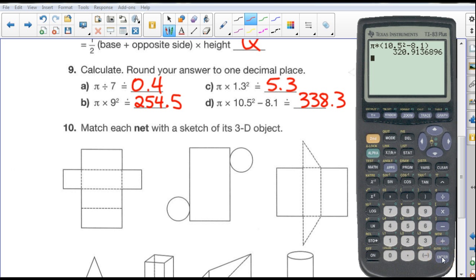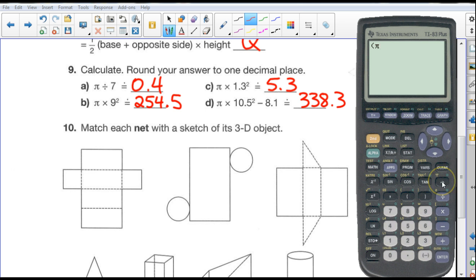And I get a different answer. So obviously, order of operations doesn't work on this calculator, okay? Or it depends on how the calculator reads it. So it might be second function pi. Let's do a bracket.